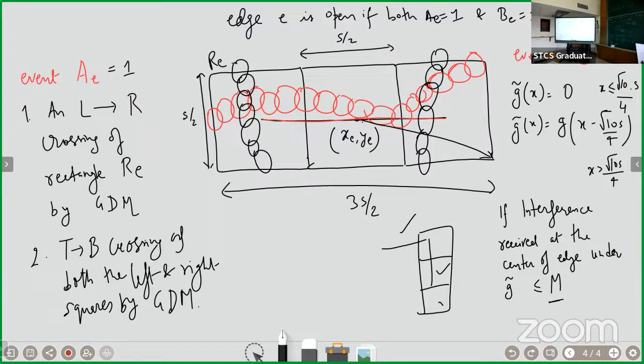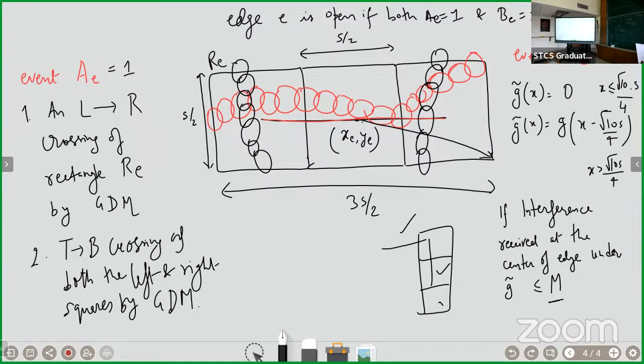M for the moment is a variable, some upper bound. For the points inside this rectangle, we're not saying anything else. At that point x comma y, the interference is at most M. That's it, when the function evaluation is with respect to g tilde. This is my definition. There is no problem with the definition. Is it useful or not? That's a different story.